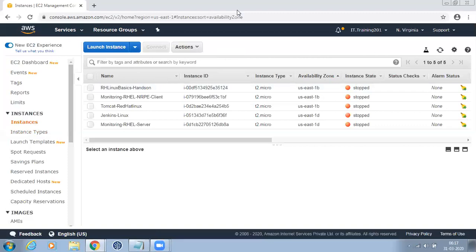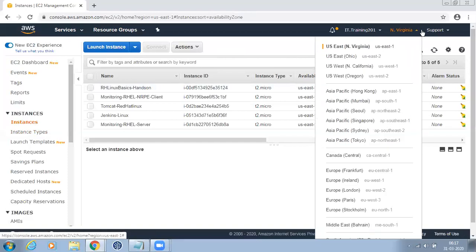Similarly, coming to our infrastructure, by default, whenever we log into the server, it will be connecting to the US East, North Virginia region. Like that, in the US there are 4 regions, and each region has multiple availability zones. What is an availability zone? An availability zone is nothing but a data center.